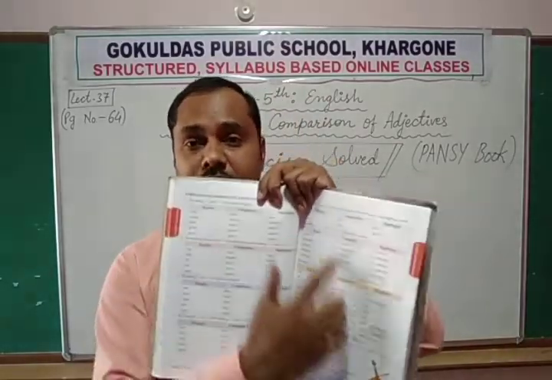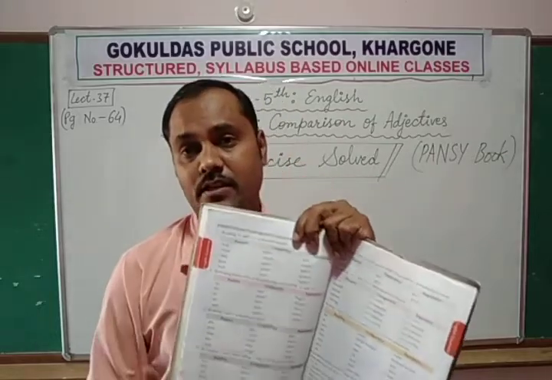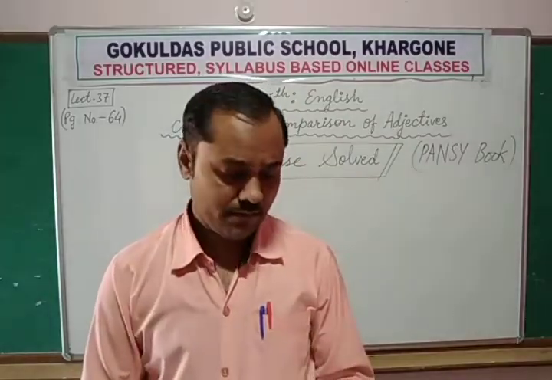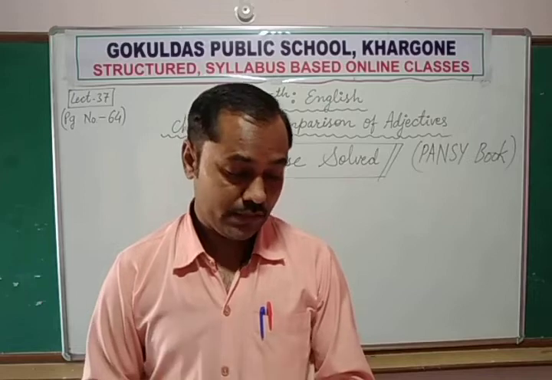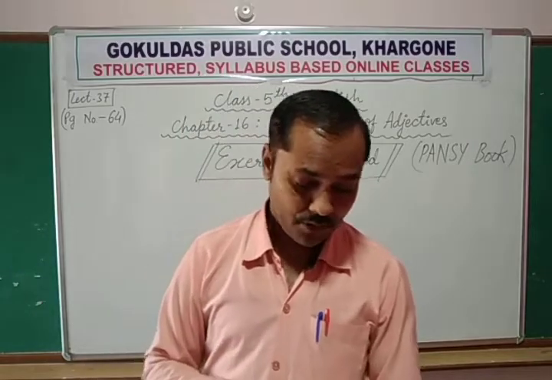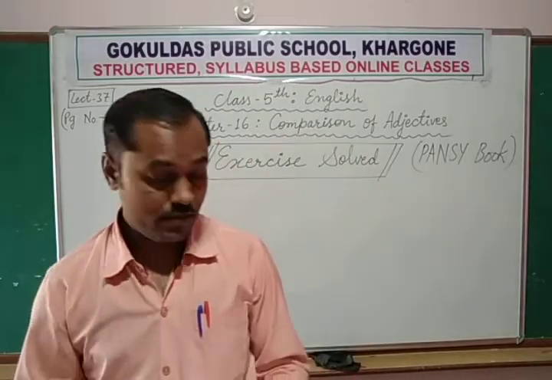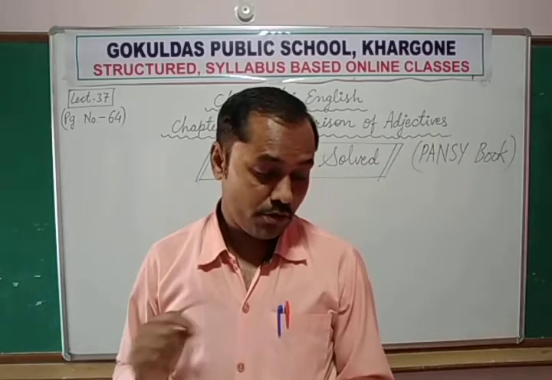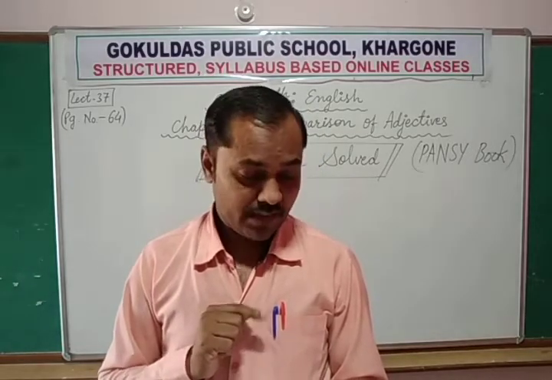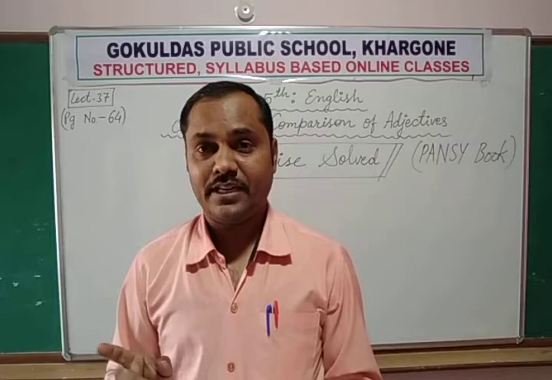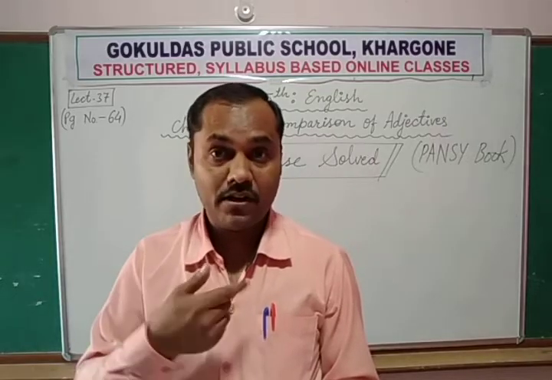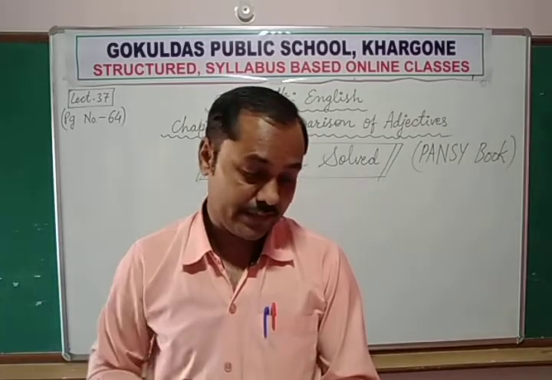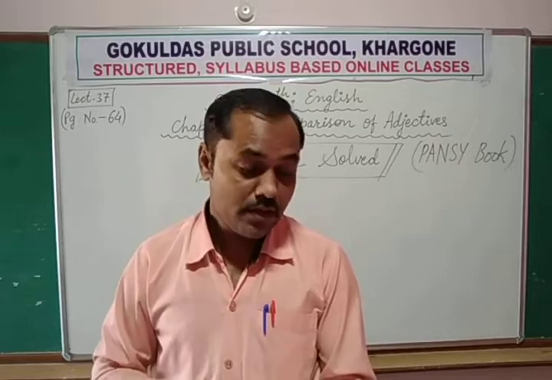If you have learned these tables, there is nothing difficult. The positive degrees are given, and we need to recall the comparative and superlative degrees and fill in the blanks in these two columns.